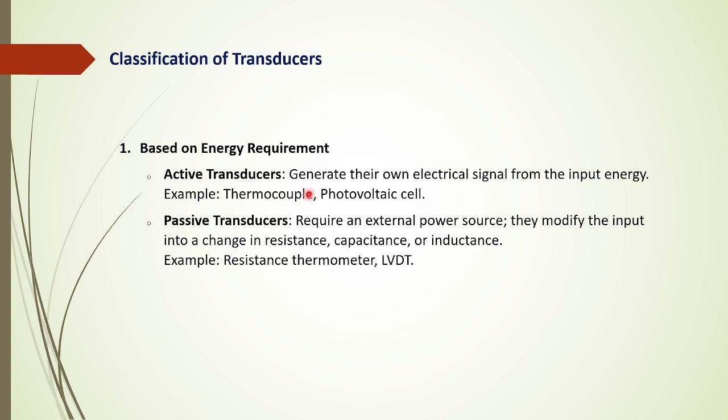Examples are thermocouple and photovoltaic cell. The next one is the passive transducer. It depends on an external power source. Examples are thermistor and LVDT. These are examples of passive transducers.